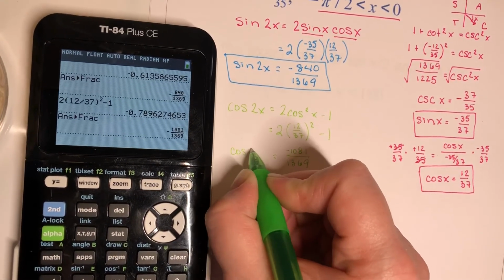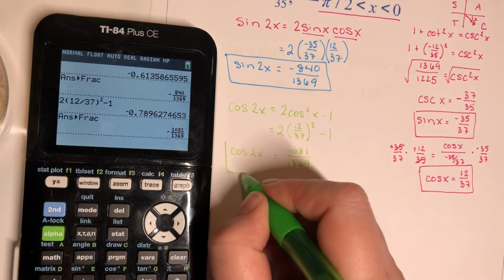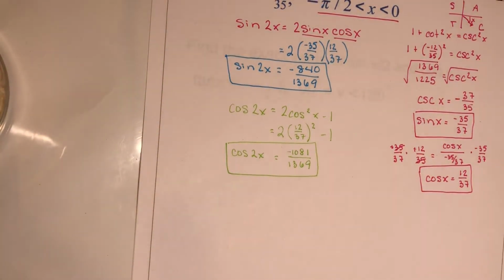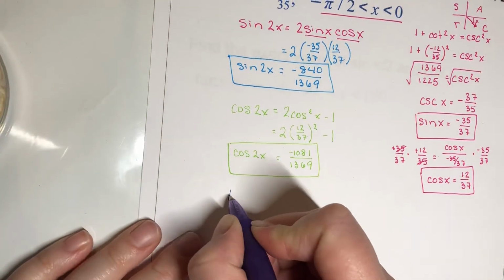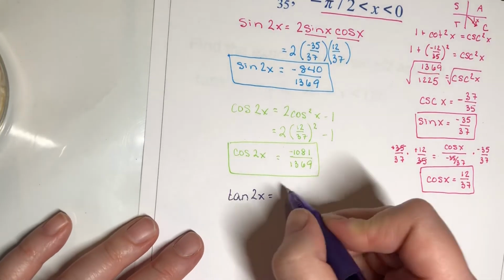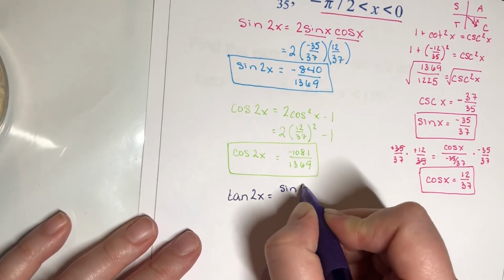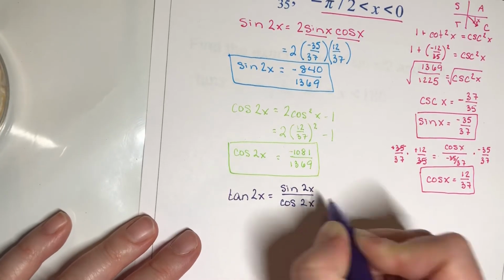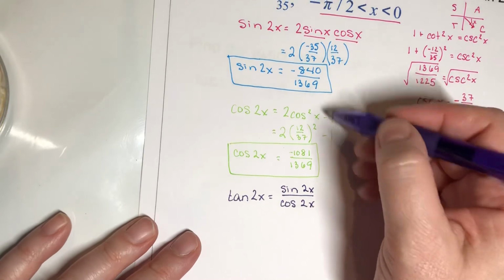And that is what cosine of 2x equals. And like I said, there is an identity for tan of 2x, but I actually prefer to think of just the general tangent identity, which means this would be sine of 2x divided by cosine of 2x, because I've already found these two things. They're both right here.